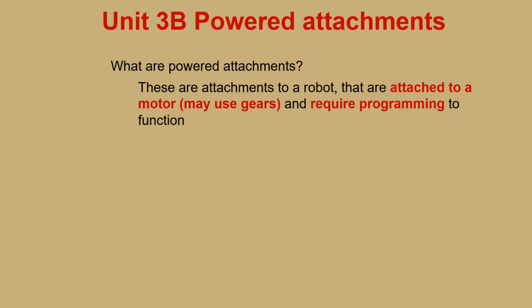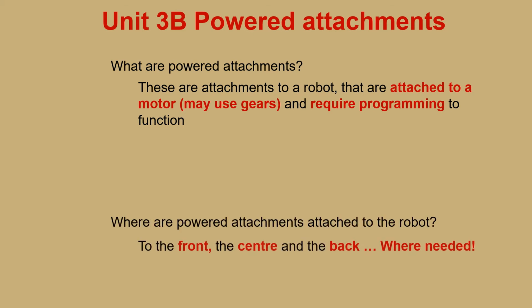And in a powered attachment, even if you do have the building instructions, I highly recommend that you use that as a frame of reference, and you encourage your learners to explore and find out other ways of modifying these powered attachments. However, powered attachments are usually attachments that are attached to a motor, and you can use gears in that, and then you require some form of programming.